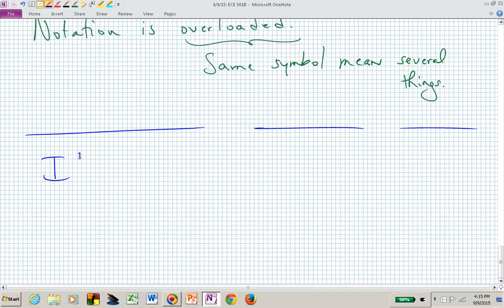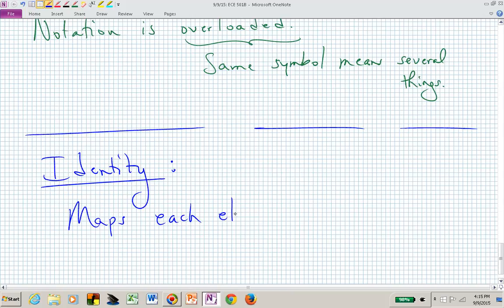What about another map, which might be referred to as the identity map? This linear map maps each element in the input vector space V back into itself.